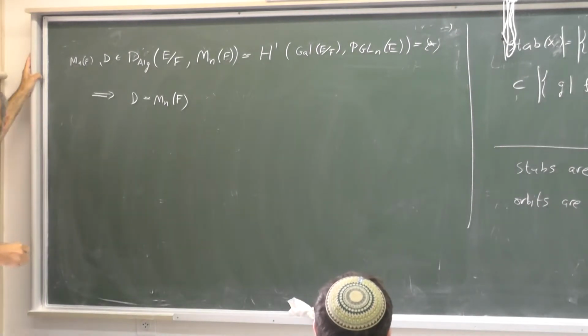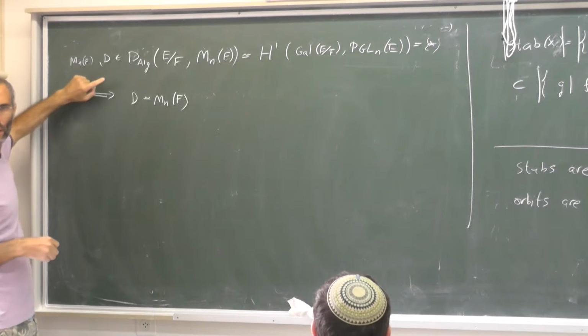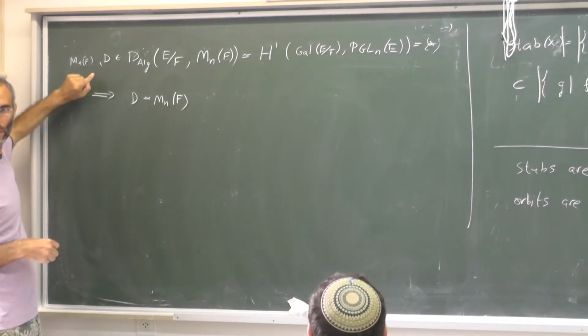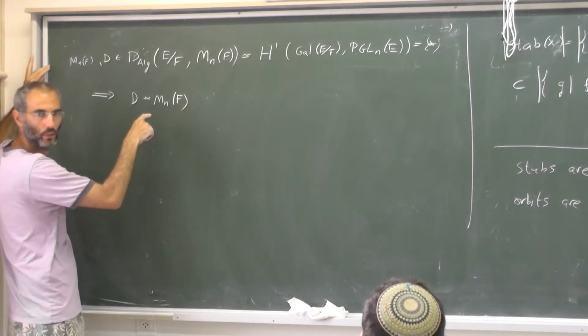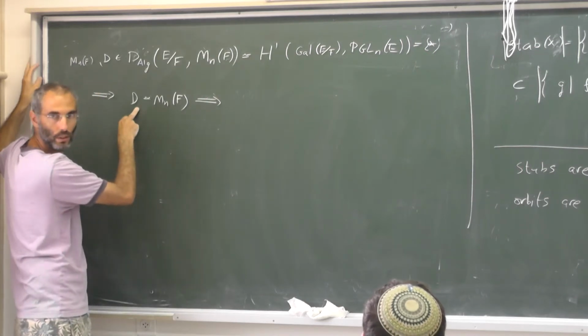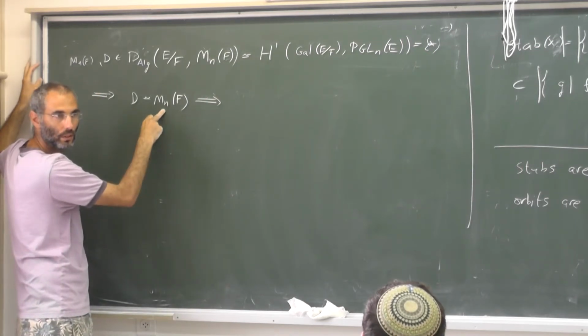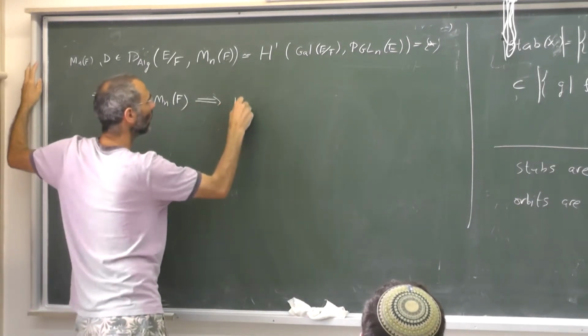So these two are the same. They are isomorphic over F. Make sense? We're not done. Just one more step. What is the step? This division algebra has no zero divisors, while M_n has zero divisors, unless n is 1.